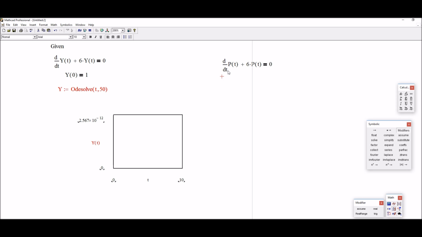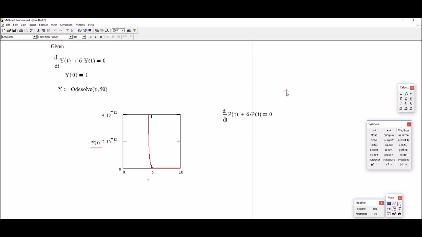That's the differential equation. Now I want to solve this one. This is gone for the time being because it's probably taking it for another differential equation, so I will bring this lower. Okay, so the initial condition is still the same. p(0) is 1, because it's the same differential equation.